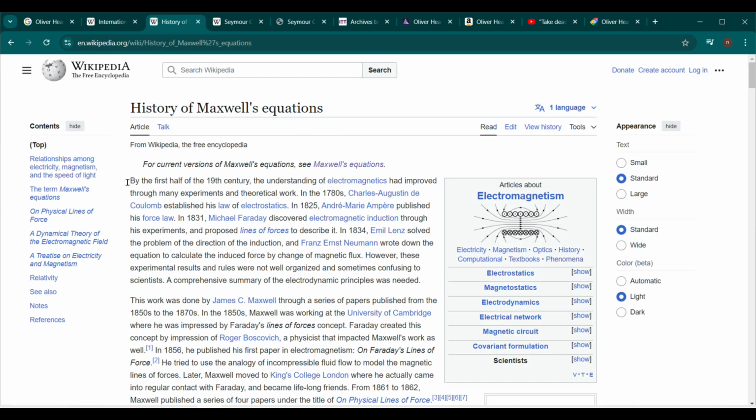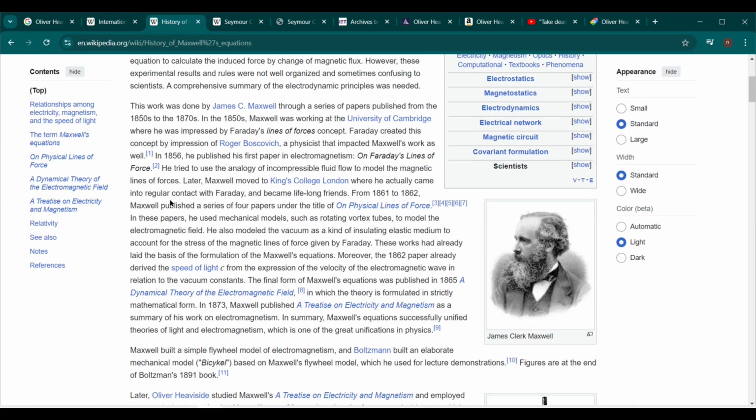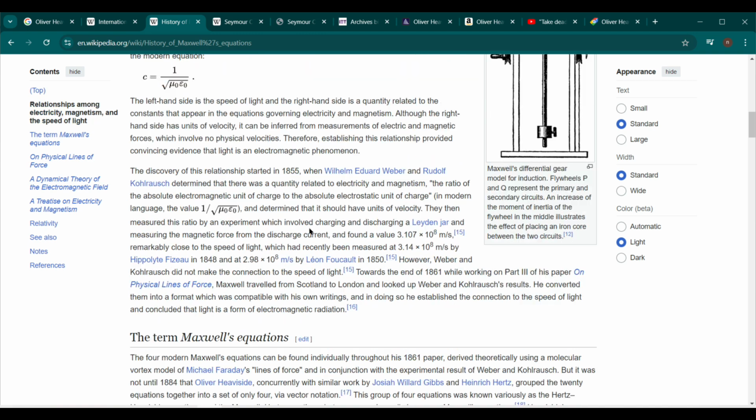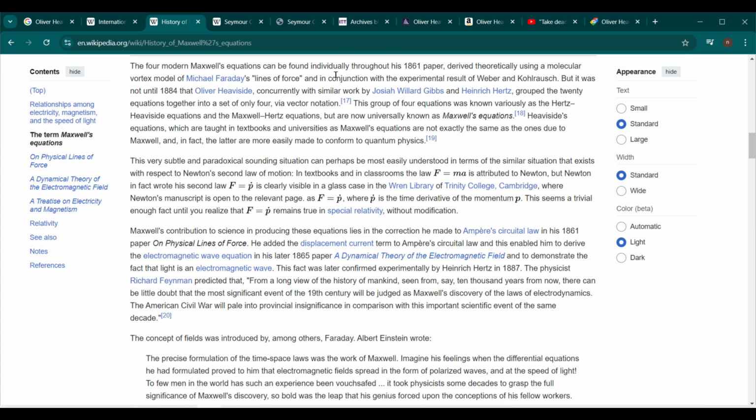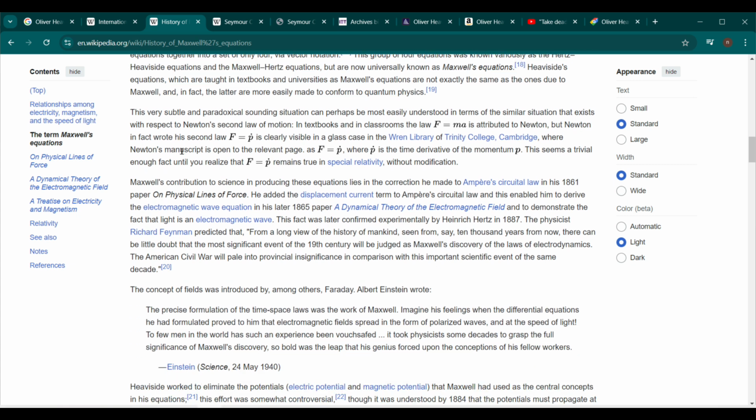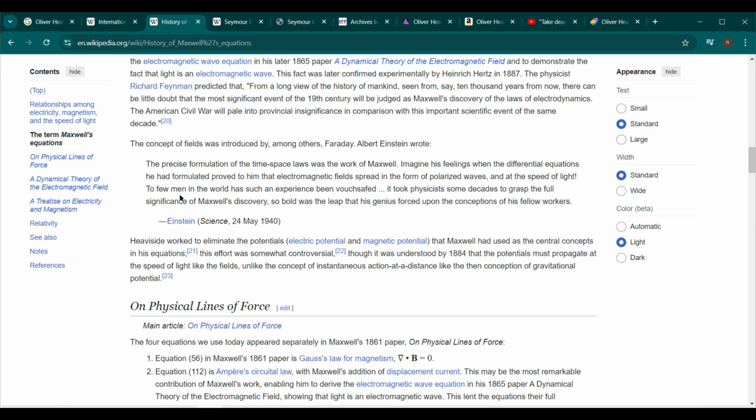So the original history, and then I guess Heaviside had similar things to what Gibbs had. So they both had equations, but they used different notations. Like he used vectors, and then there was another.